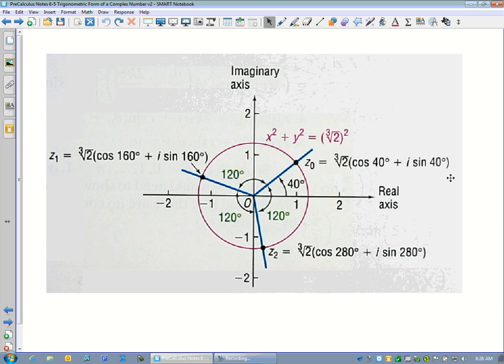So this was our first answer. And then 120 degrees more, same radius, puts it at a 160 degree angle. And then the last answer was same radius, 120 degrees more, puts it at 280. So your complex roots will always be evenly spaced.